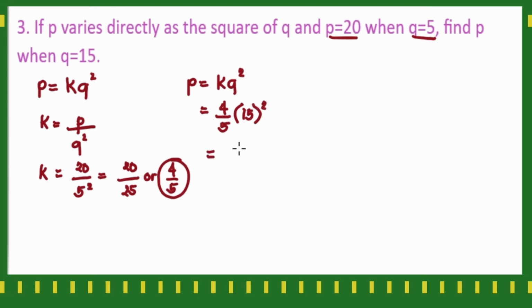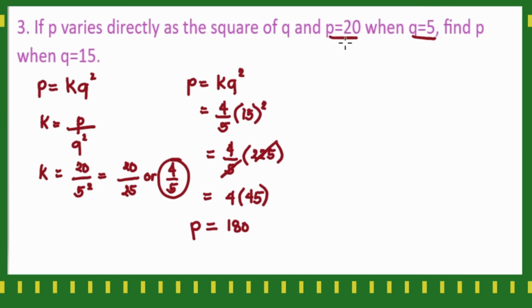Let's square it first. 4 over 5. 15 times 15 is 225. Let's divide 225 by 5 first. 225 by 5 is equal to 45. Then multiply it by 4. So 4 times 45. 4 times 45 is 180. So that's the value of P.